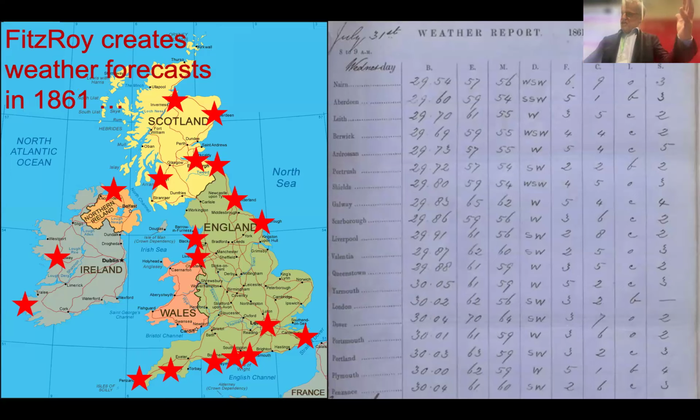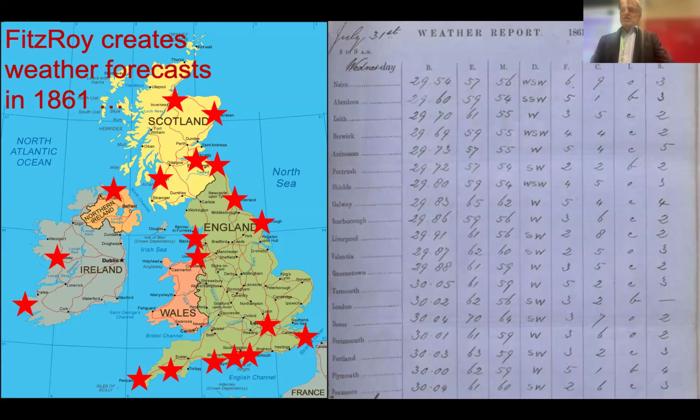And based on that, produced what he came to call weather forecasts. That was a term he came up with. He didn't want to say predictions because that would imply he was sure, but forecast he thought was an okay term. And of course, as well as bringing in the modern era of weather forecasting, it also started the tradition of people complaining about the forecast not being very good, because they were not.